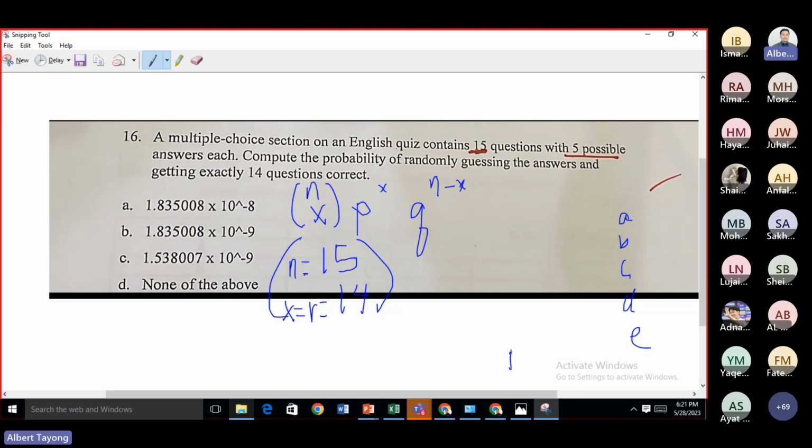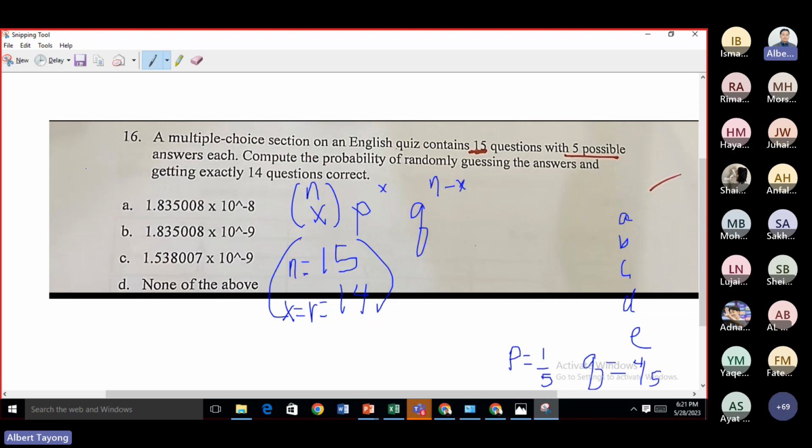So our p is 1/5, because in every question, the possibility of getting a correct option is only 1 out of 5. There are 5 possible answers each question, like A, B, C, D, E. So that means our q, the opposite, is 4/5. Yeah, q is the opposite of p. So 1 minus 1/5 is 4/5.